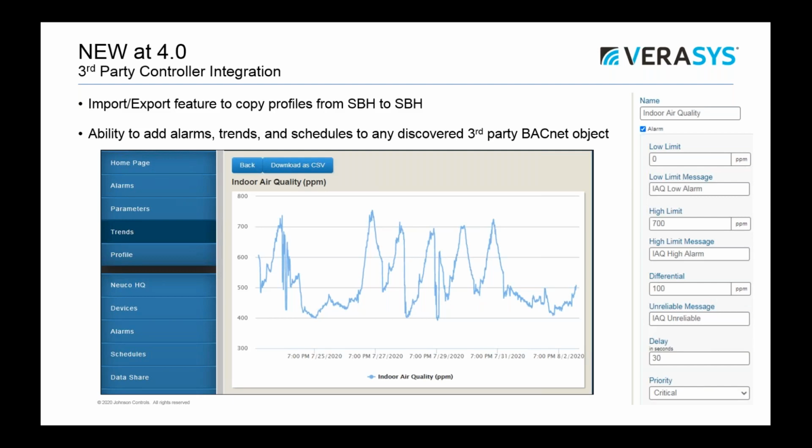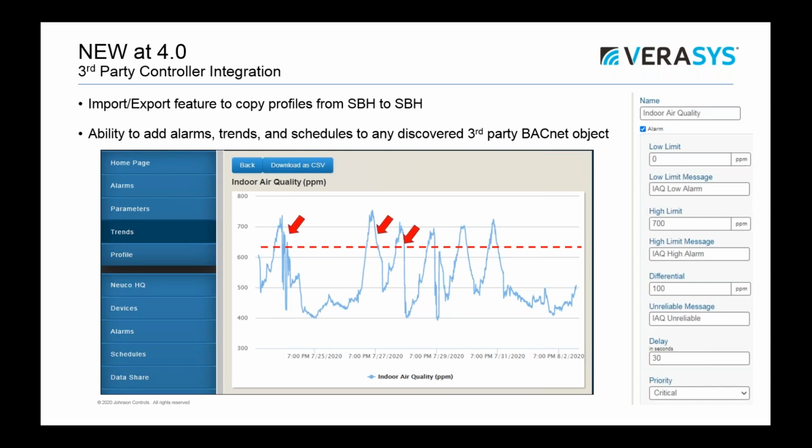It comes in just a regular tar file, like a zip file, and then you can import it into any other Smart Building Hub and have the exact same views, exact same extensions as well, which is a nice feature. In addition, you can add in any type of extensions like alarms, trends, or schedules to the third-party BACnet objects.